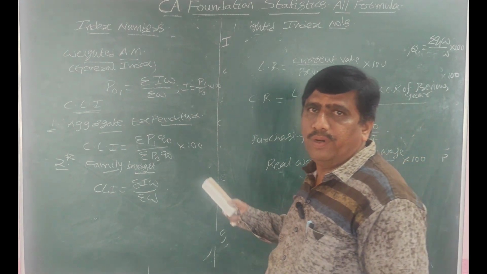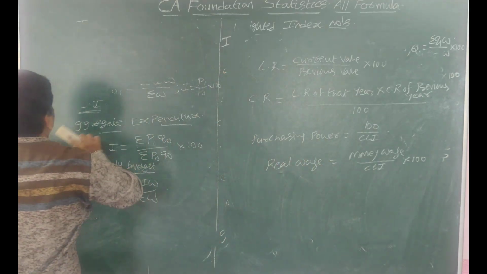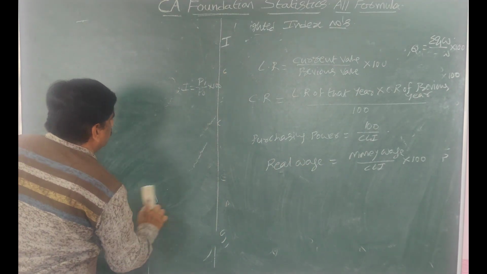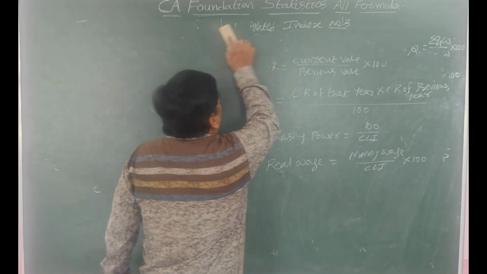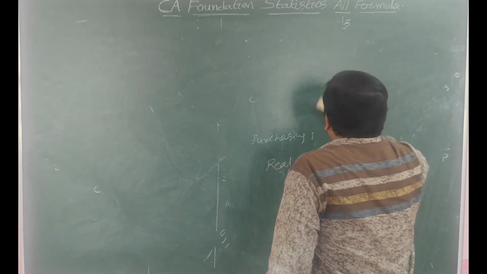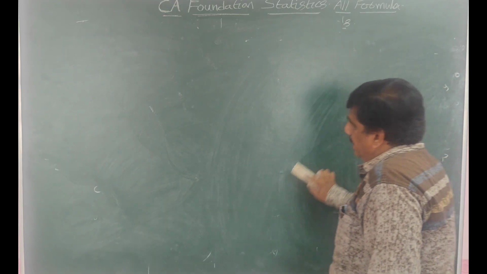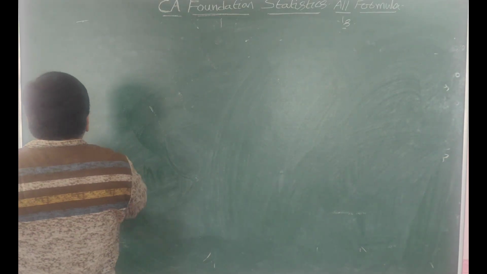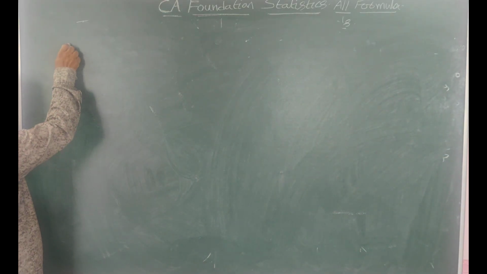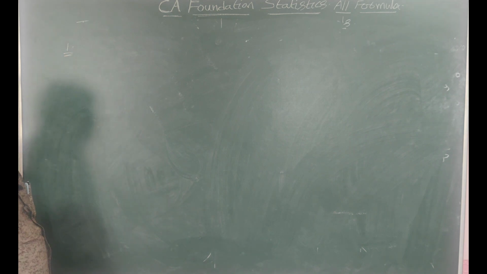Next, we will move on to probability. In probability, the main formulas are, firstly, the complementary event probability.